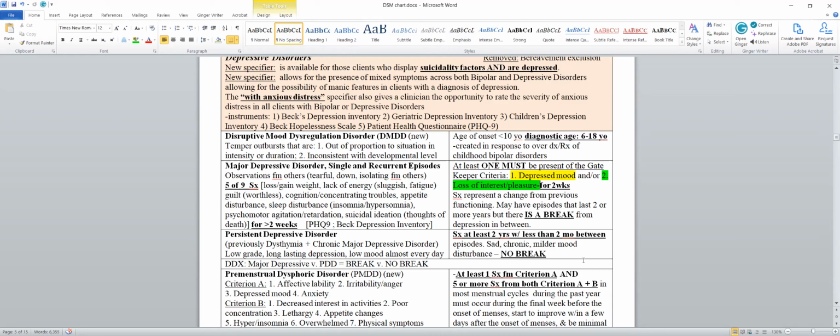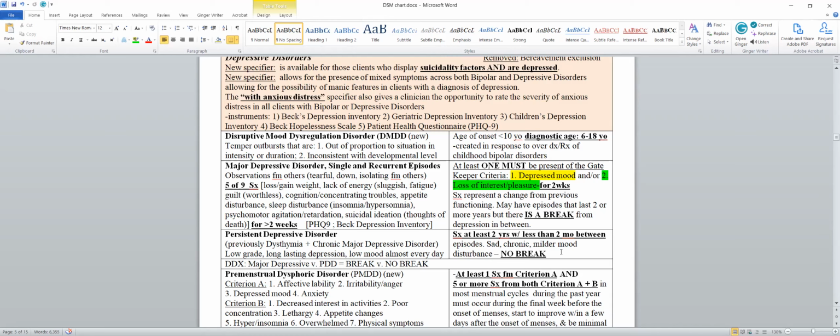They're sad, with chronic, milder mood disturbances. Persistent depressive disorder was previously dysthymia and chronic major depressive disorder. It's a low-grade, long-lasting depression, low mood almost every day. They have no break. So that's where the differential diagnosis comes in between major depressive and persistent depressive disorder.